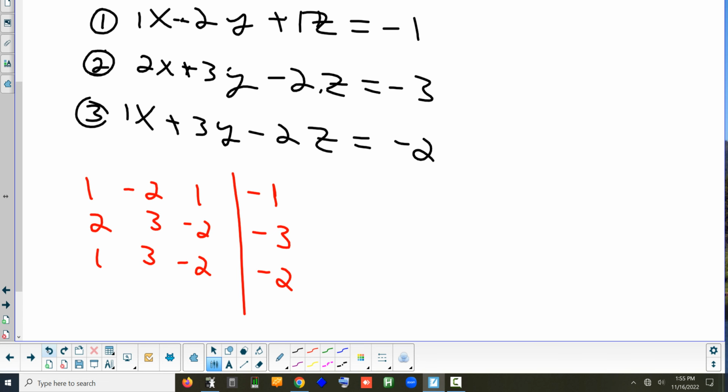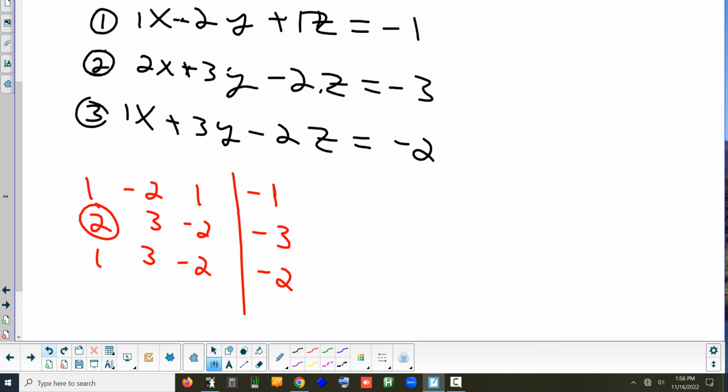Okay, the next thing, we want to get a 0 right here. So look at row 1, specifically look at this first number, and think, what could you multiply this number by so that it would cancel out with 2? Yeah? -2. So we're going to multiply this top row by -2, and we're going to add it to the second row. Let me show you how you write that.